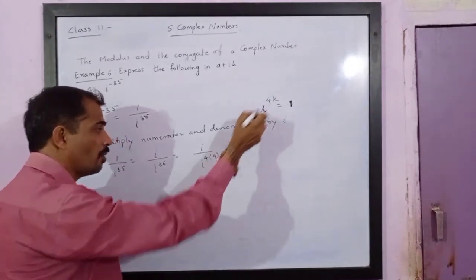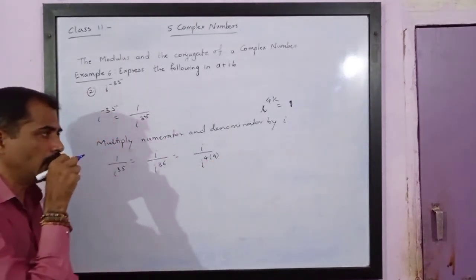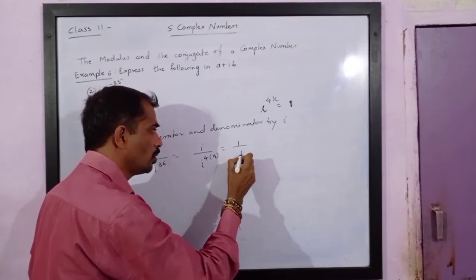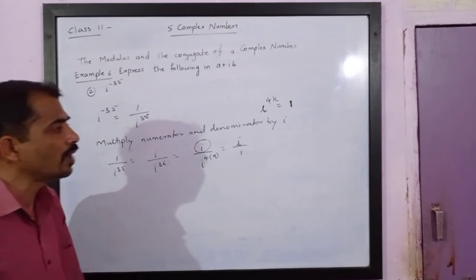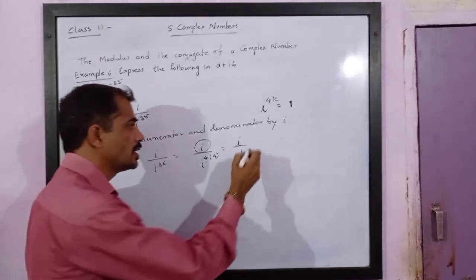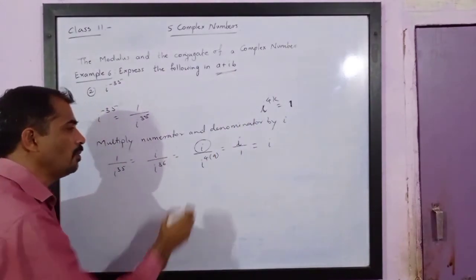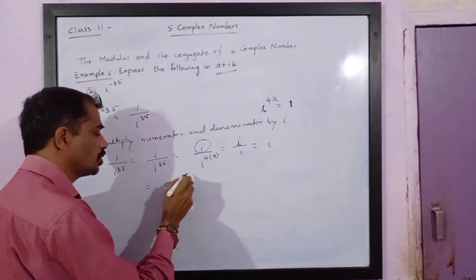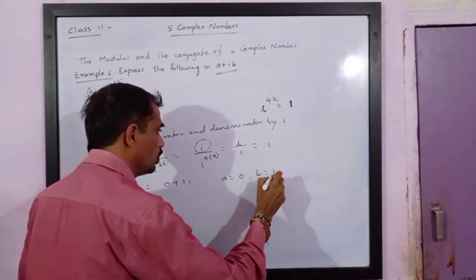This is in 4k form, so its value is equal to 1. So at the numerator we have i, upon 1, hence the answer is i. Thus, if you want to write it in a plus ib form, it can be written as 0 plus 1i. So here you notice that a is equal to 0 and b is equal to 1.